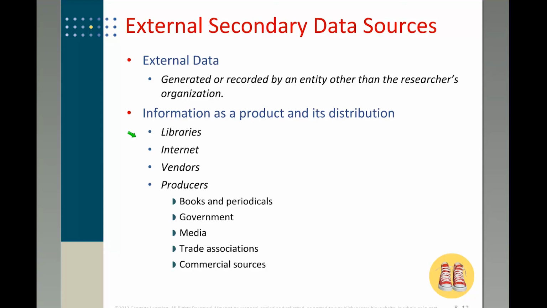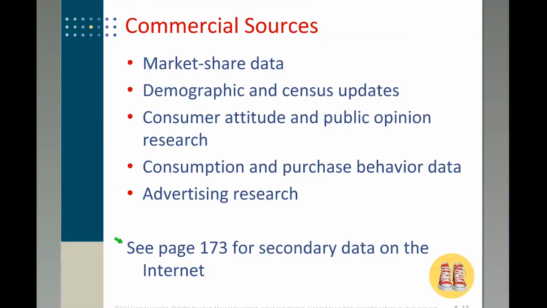There are also databases that are collected by a specialized company, and they sell the data for profit, and such data are also called secondary data. If you're interested to know more about secondary data, you can take a look at page 173, and there's a long list of what secondary data is available on the internet.